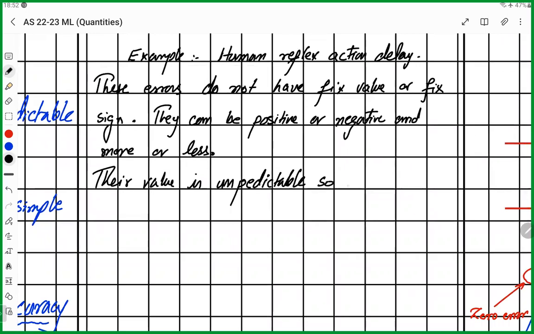So we cannot fix them using simple arithmetical procedures.